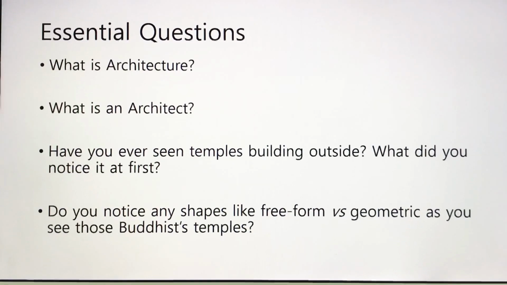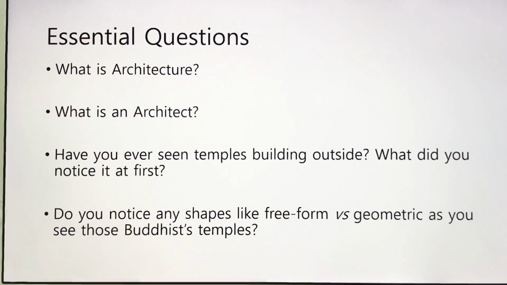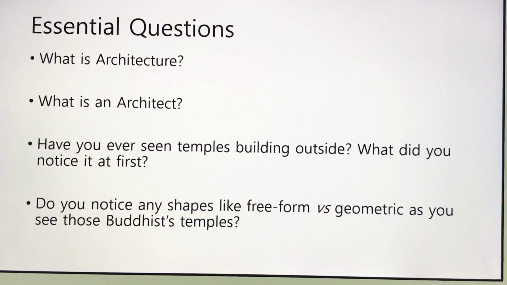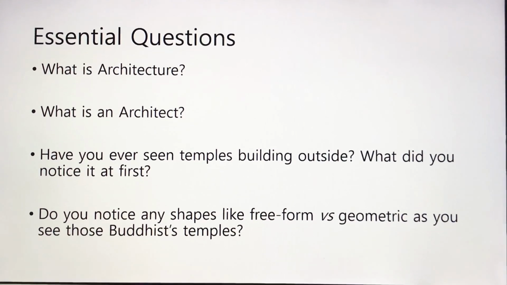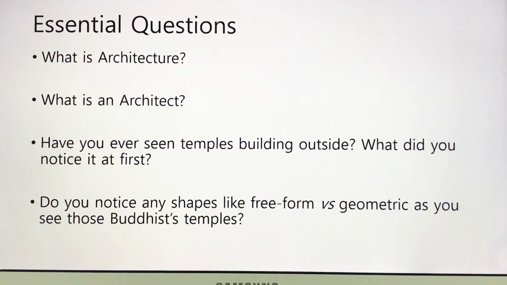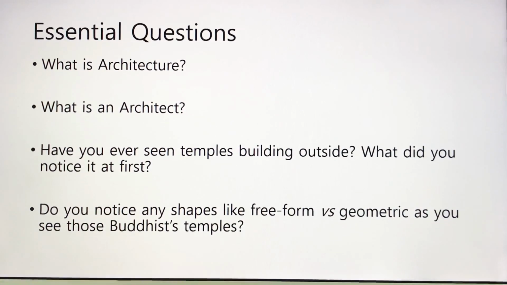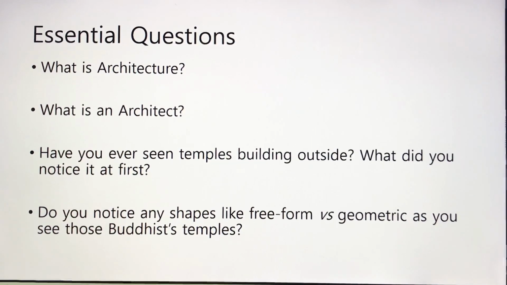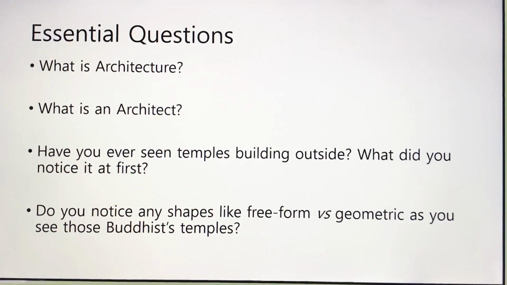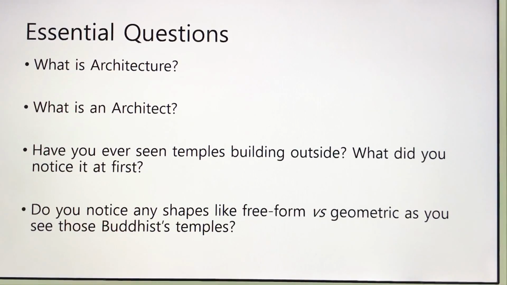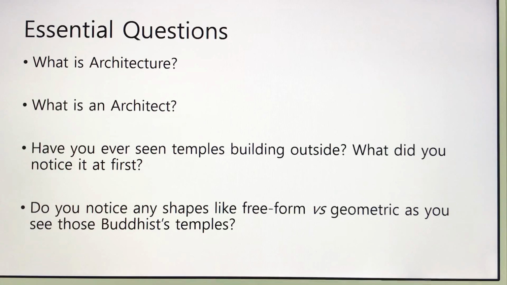So, first of all, let's go with the essential questions from the beginning. We are going to ask ourselves, what is architecture? And what is an architect? Once you think about those questions, think about when you go outside and take a look at the temples, the gardens, or the park.